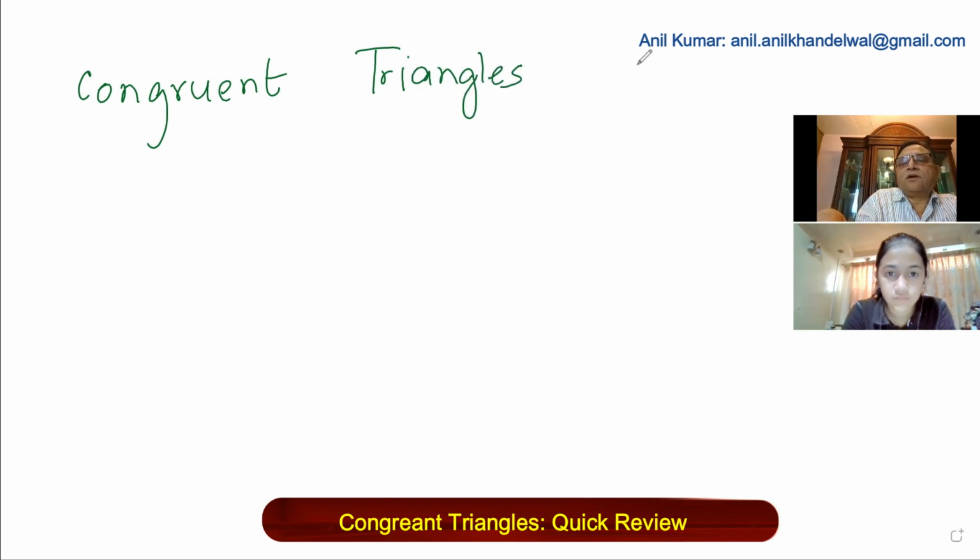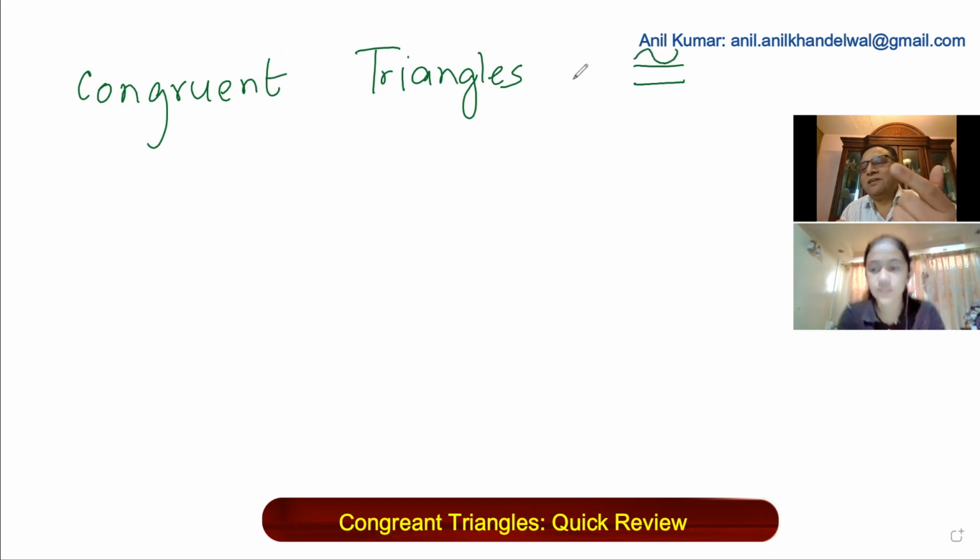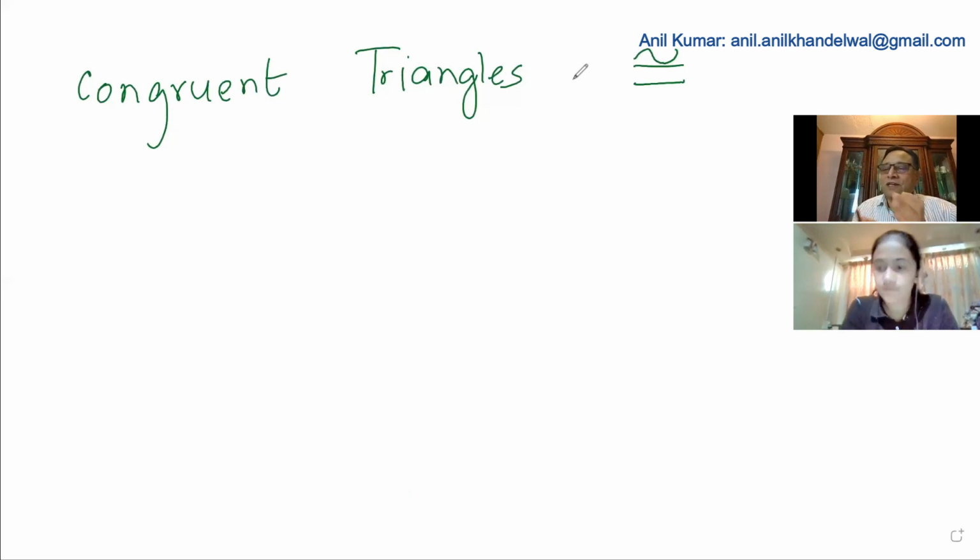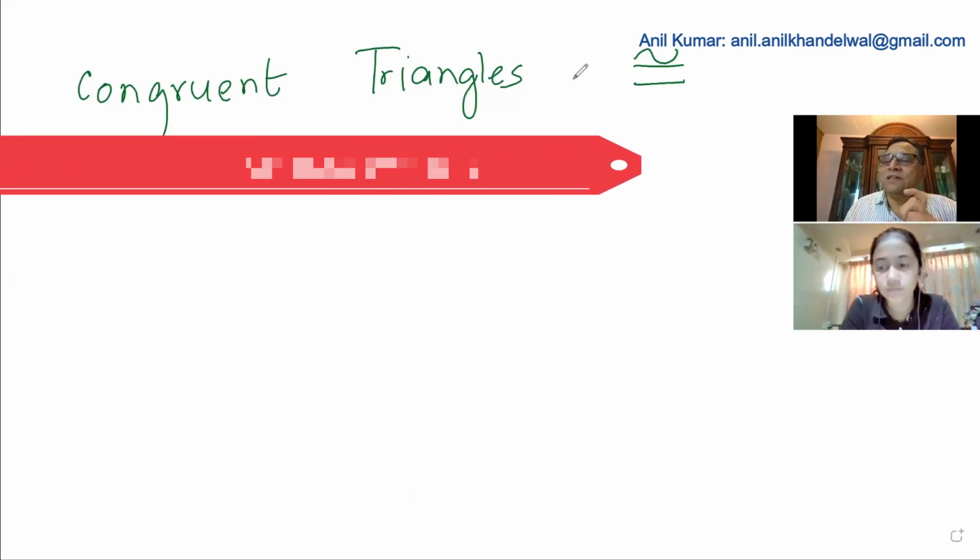The symbol for congruence is you make equal to and then you make a wavy line, which is for similar triangles. So similar triangles that are equal become congruent. So congruent triangles are also similar with a constant ratio of 1 because the sides are exactly the same. That is how we connect.